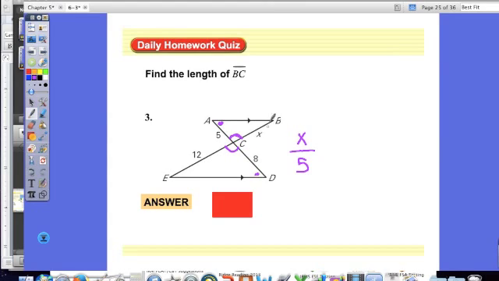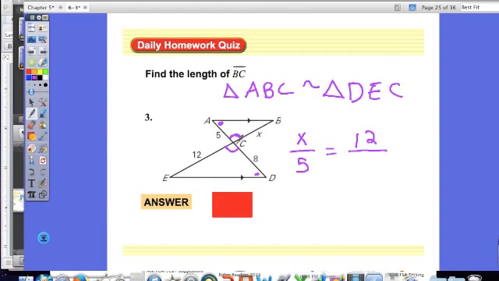Let's write this out. So triangle ABC is going to be similar to triangle, A is going to be similar to D. That means that B is going to be similar to E. So here if I have side BC, BC is similar to EC, which is 12, and AC is going to be similar to CD or DC, which is 8.